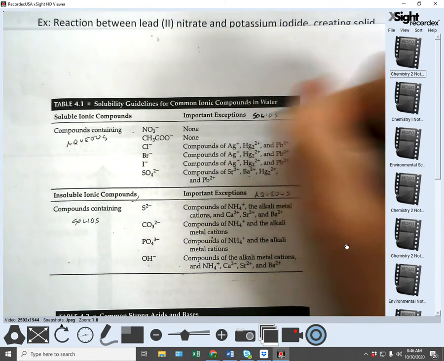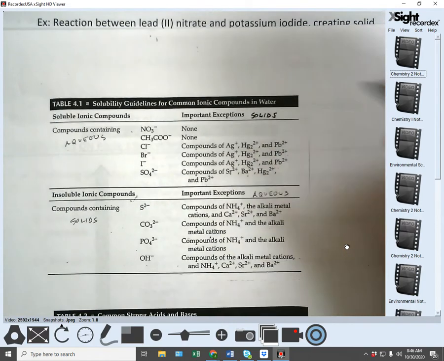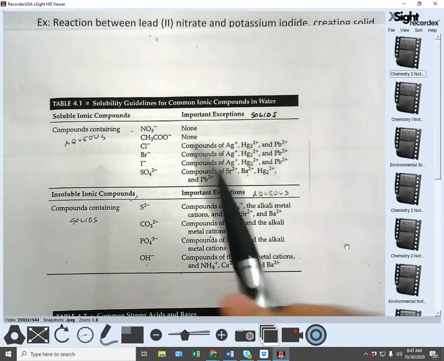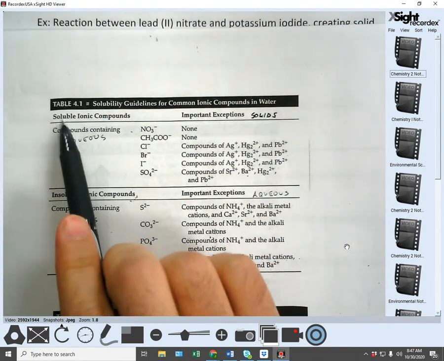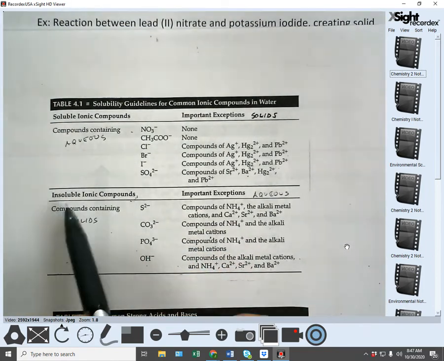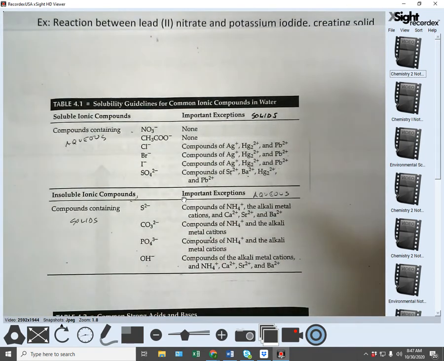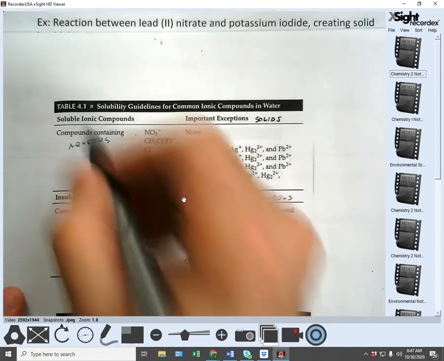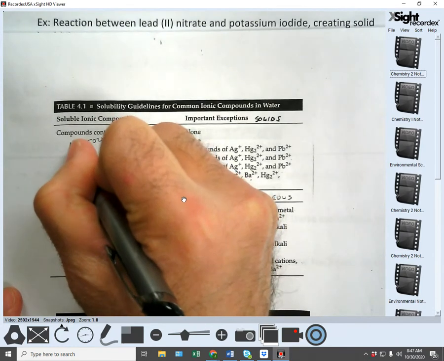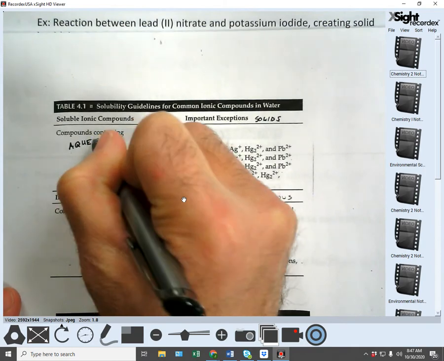So the way this works is soluble means it dissolves in water. Insoluble means it does not. You might even have this written in your book, because I told people in the past that they could write it in there.